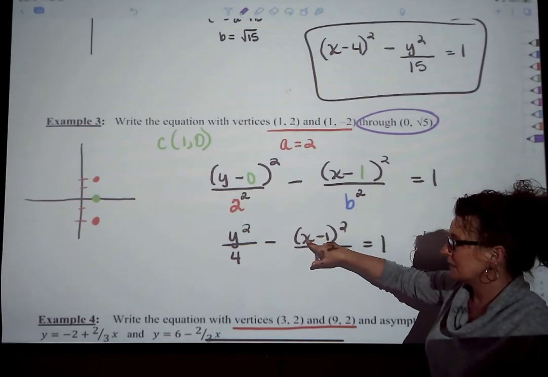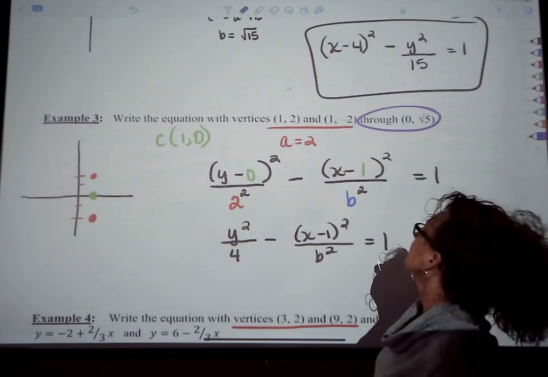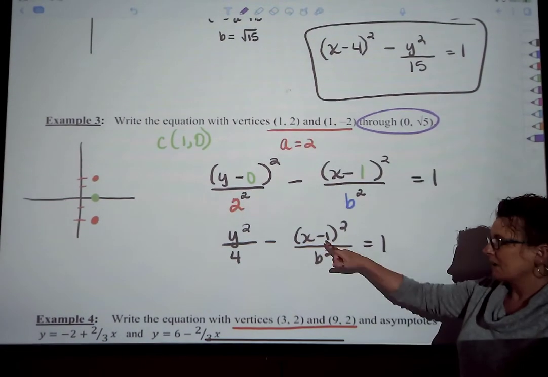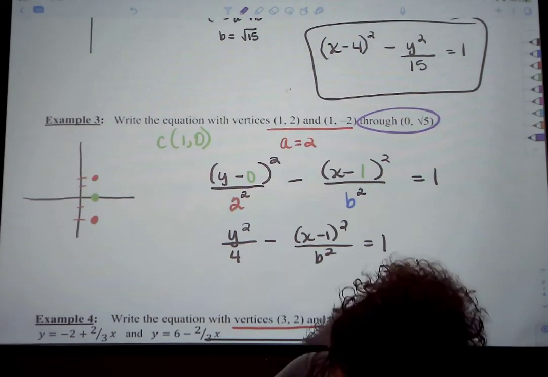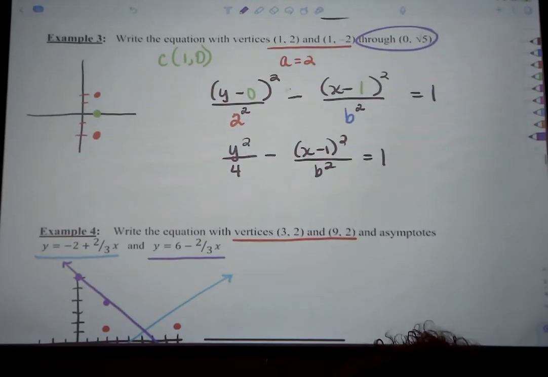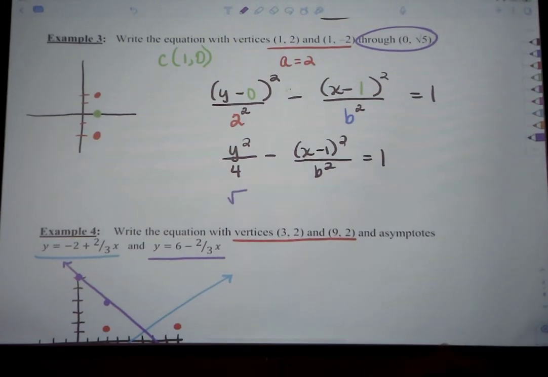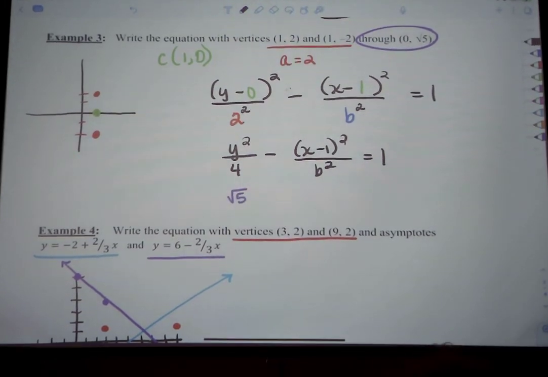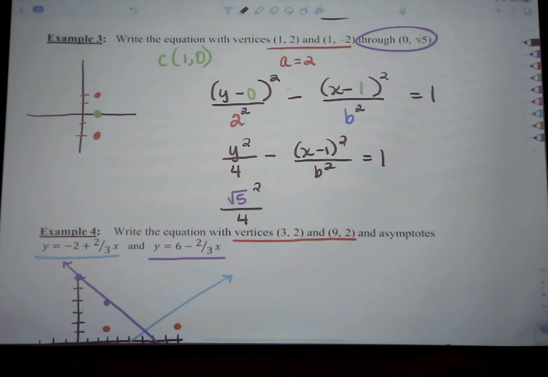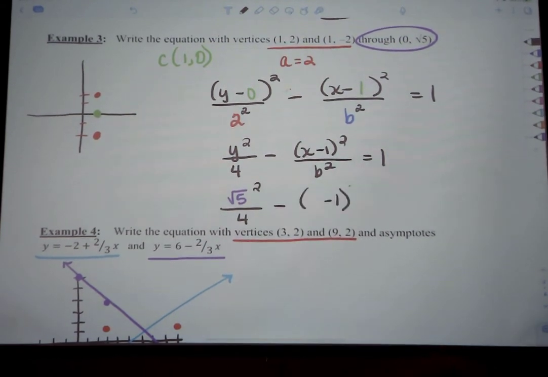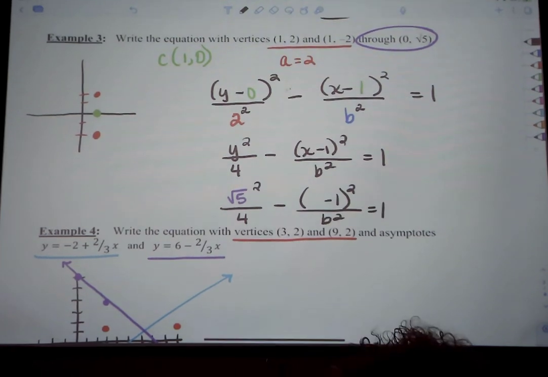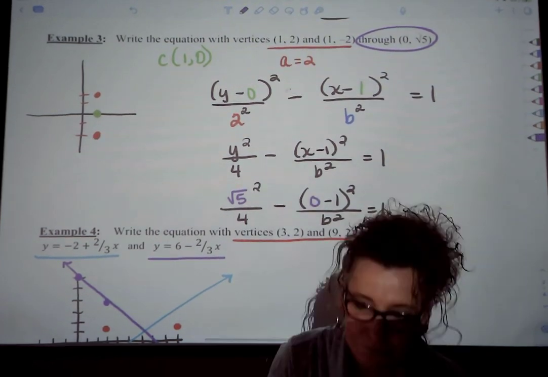So I'm going to sub in an X and a Y. And if I have a value here and a value here, then I can definitely solve for B. Here I go. X was 0.